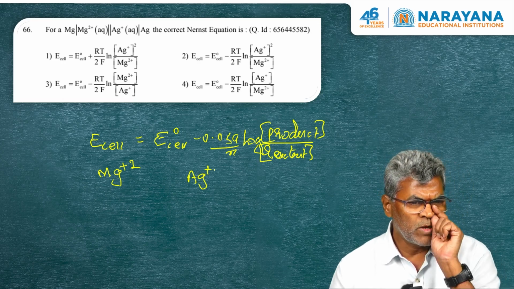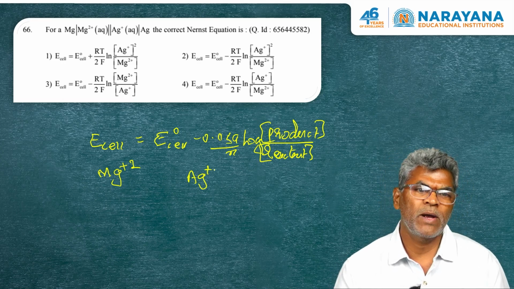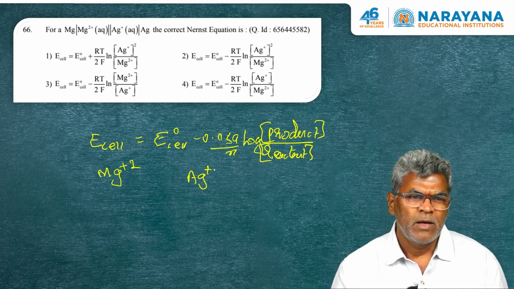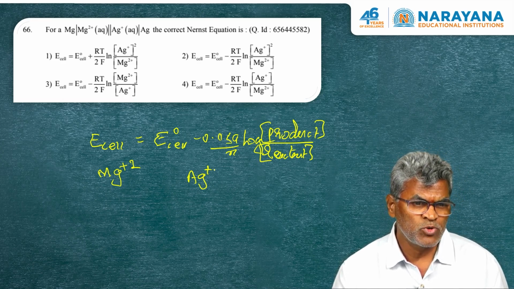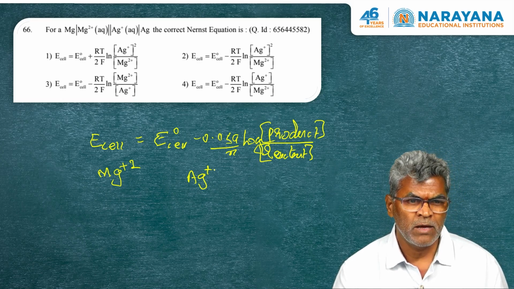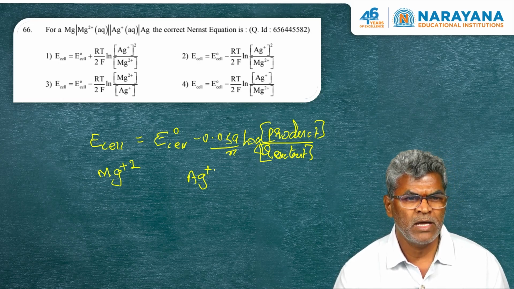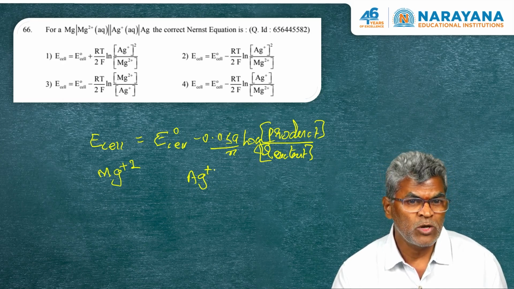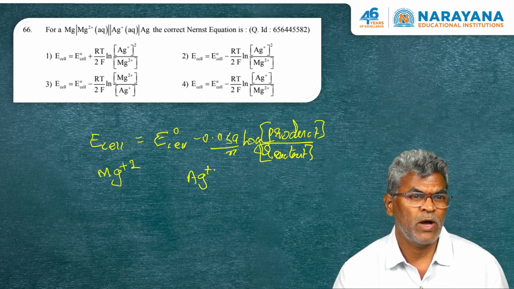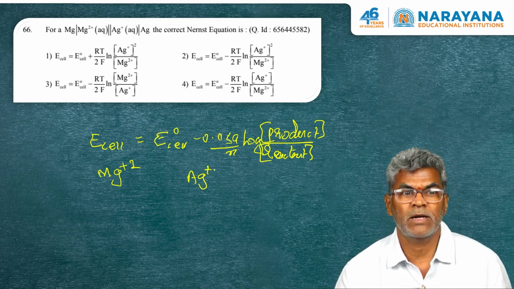So, according to given options, Mg plus 2 should be at the numerator and Ag plus square should be the denominator. In the options that is not there, that is why with plus symbol you need to write. So, first option will be the correct answer.